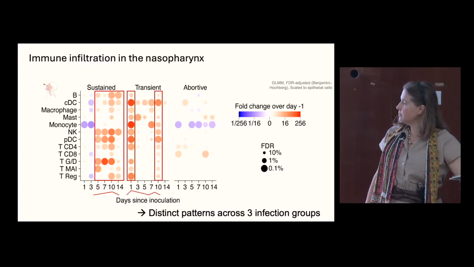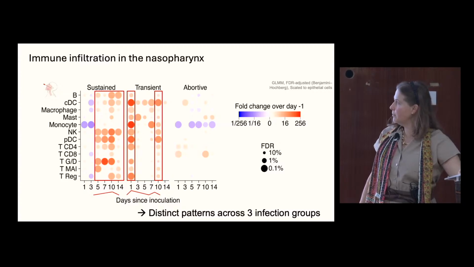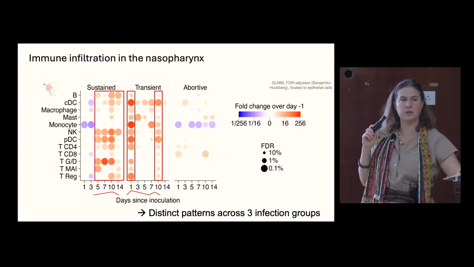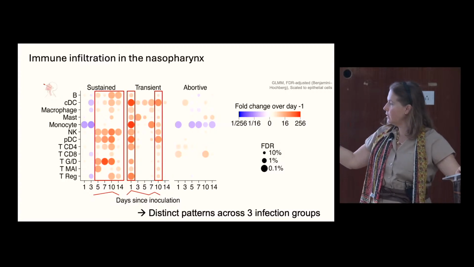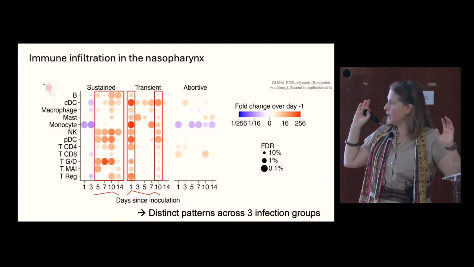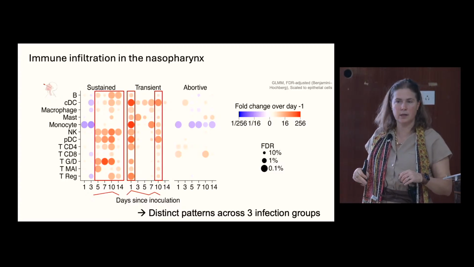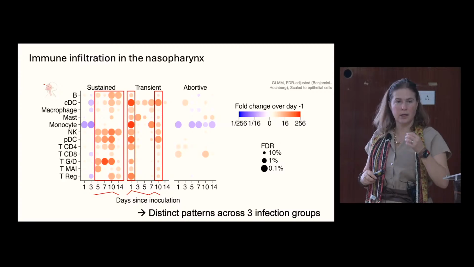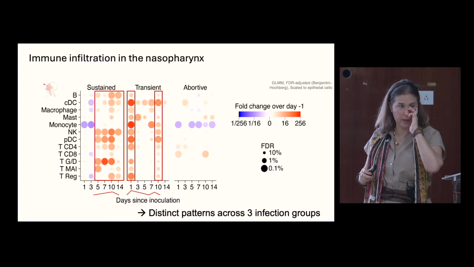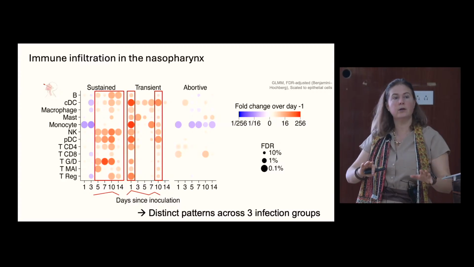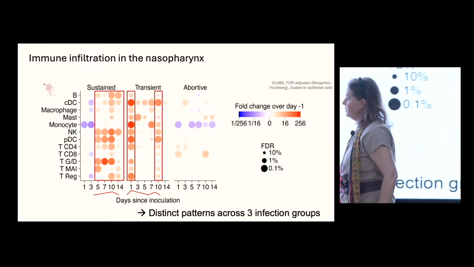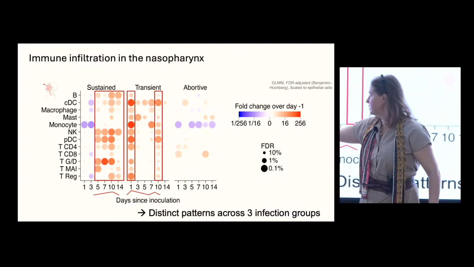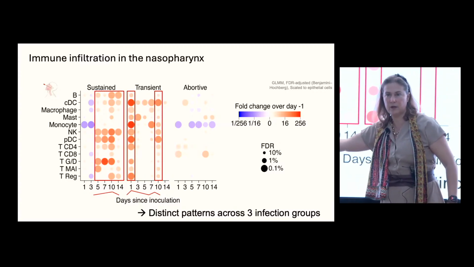On the other hand, I mentioned those 3 people who only had 1 positive PCR test, just a very transient infection, and they show already at day 1, so this is a very different pattern, massive infiltration of immune cells into the nasal epithelium. So this can give us a hint as to why those people clear the infection so quickly: they have this difference at day +1 relative to the people who have sustained infection.